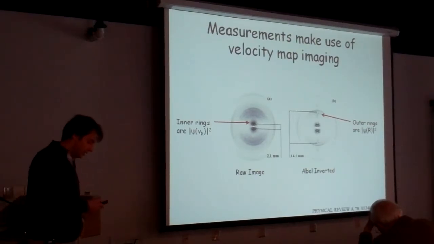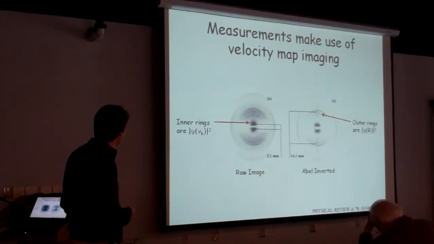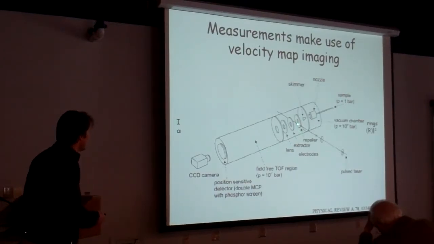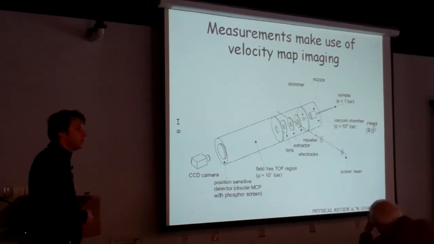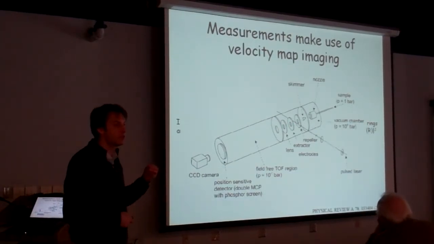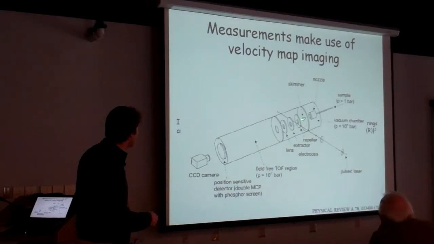And so that's done by velocity map imaging, and just to remind you how that works, okay? You create your molecules in between a series of electrostatic fields which are generated on these plates here. And that produces basically an electrostatic lens which maps each velocity here to a unique position in space here.